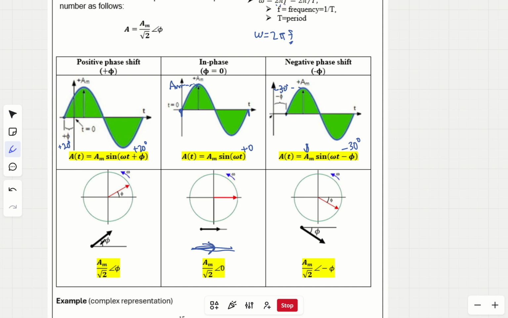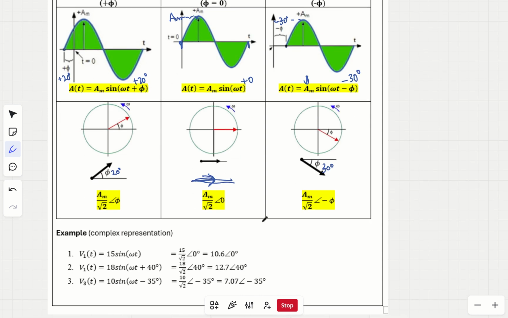If the angle is positive, then we draw the arrow on top, and we indicate the angle here. For example, in this case, it should be about 20 degrees. If it is negative, then we put the arrow down and you indicate the angle here. So these are the ways to draw the phasor diagram.